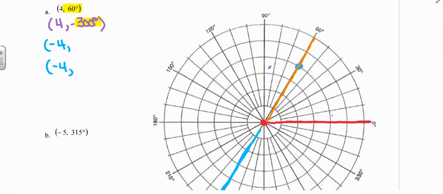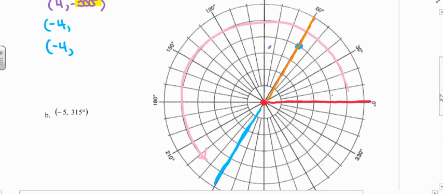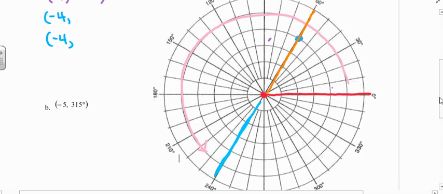So in this case, our radius would be -4, and we have to find two different ways to name that terminal side. Well, one of those ways is if we start at our pole and go in the counterclockwise direction, and that looks like 240 degrees counterclockwise.